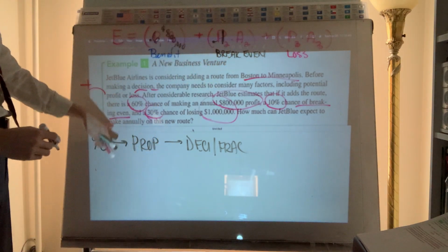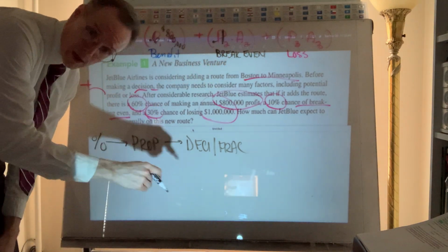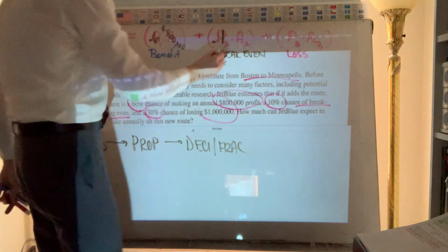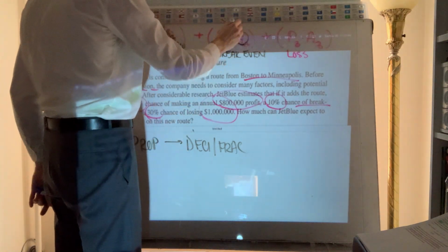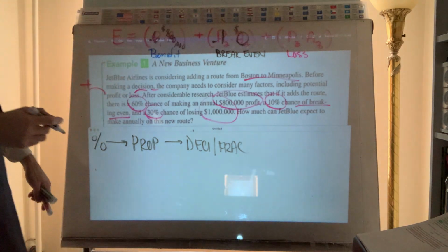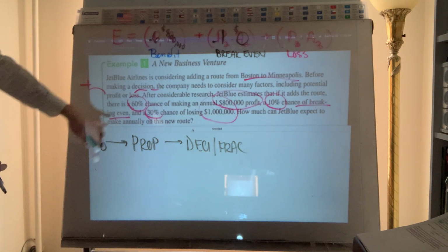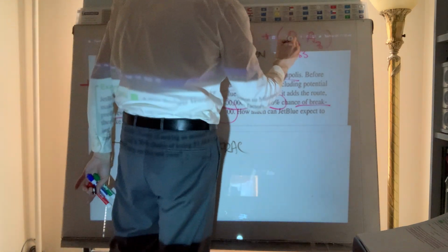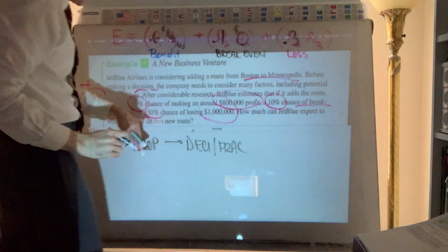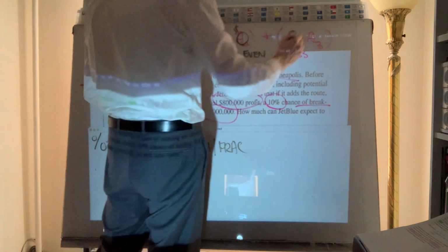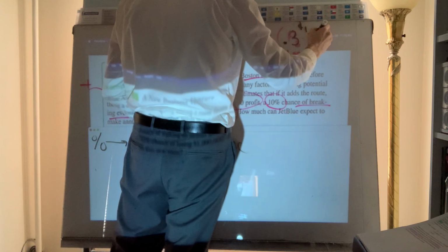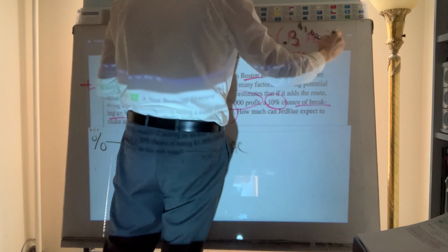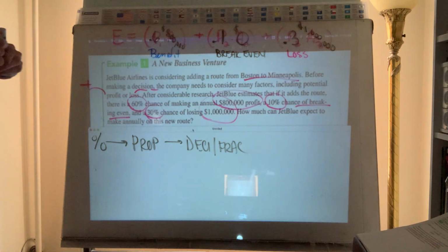And if it's breaking even, although they didn't explicitly write $0, one would have to assume that that's what it is, 0. And then finally, the loss term, a 30% chance of losing $1 million. So 0.3 for 30%, and then 1 million. And we have everything filled in that we need.